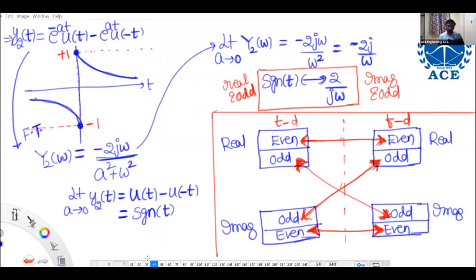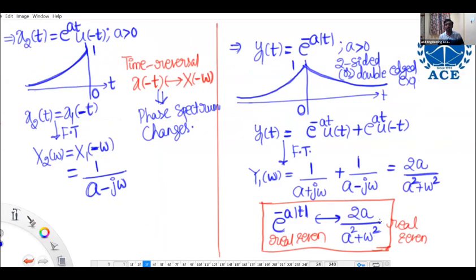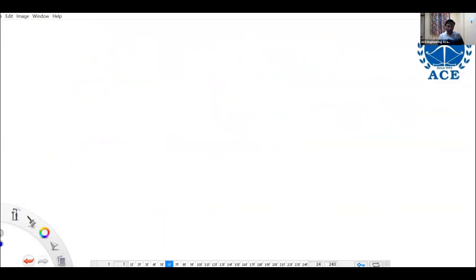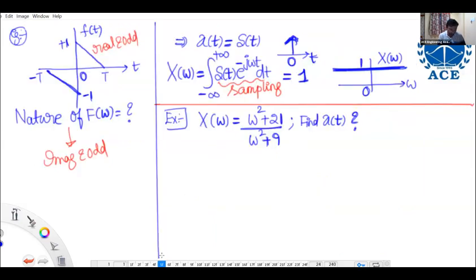It looks like the two-sided exponential Fourier transform: e power minus a mod t is 2a by a square plus omega square. So the denominator looks like that. Find out what x of t is. Tell me the answer.